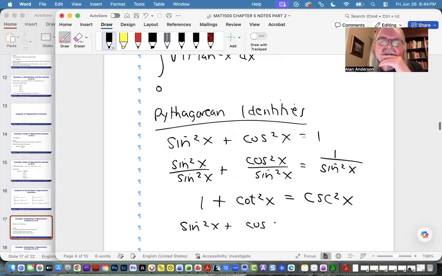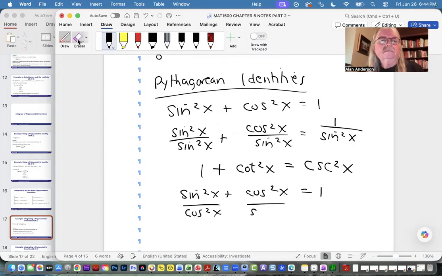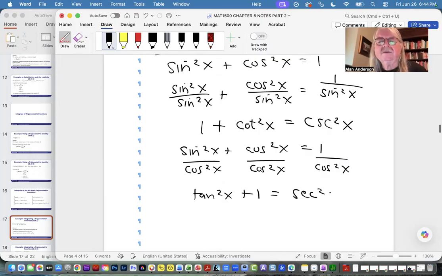So what I can do instead is divide both sides by the cosine squared of x. And now this is tangent squared x plus 1 equals secant squared x.